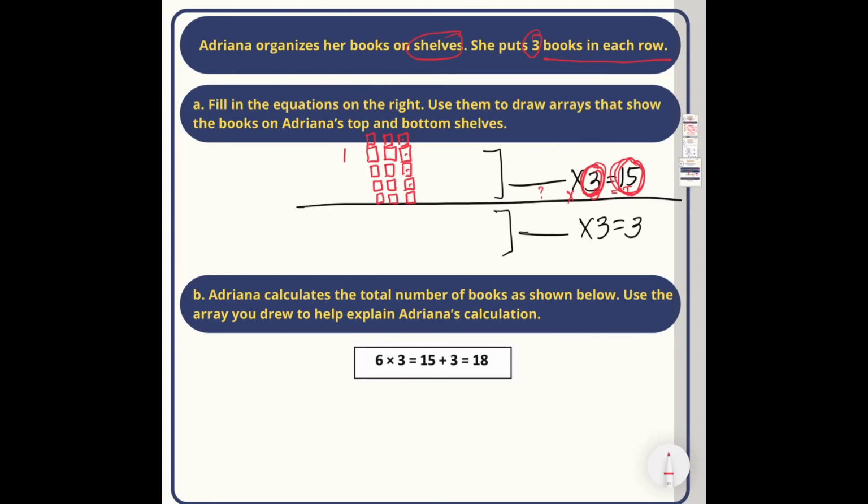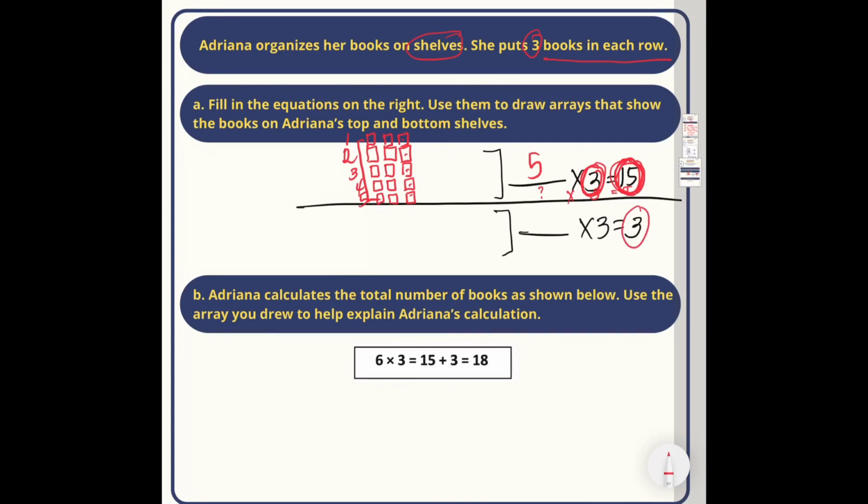So now that we have 3, 6, 9, 12, 15, now we have the correct total here. But how many rows do we have? Let's count. 1, 2, 3, 4, 5. We have 5 rows of 3 on the first array.